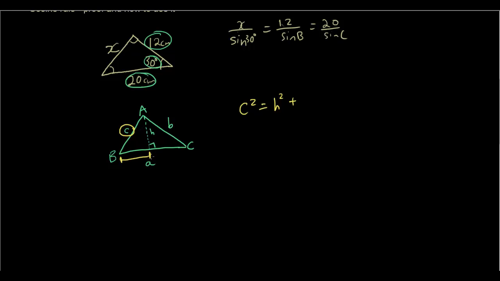So I'm going to label this side here, and you'll find out why soon. I'm going to label from the midpoint to angle C, I'm going to label this distance x. And if that distance is x, then to the left we then have a minus x.